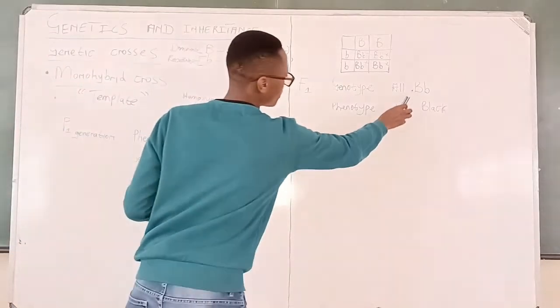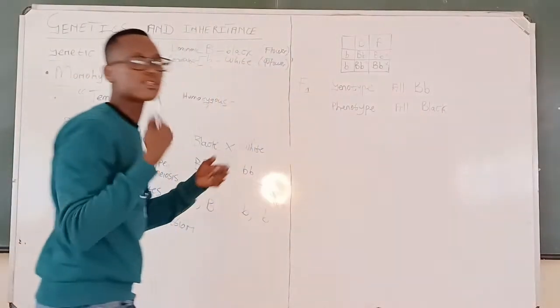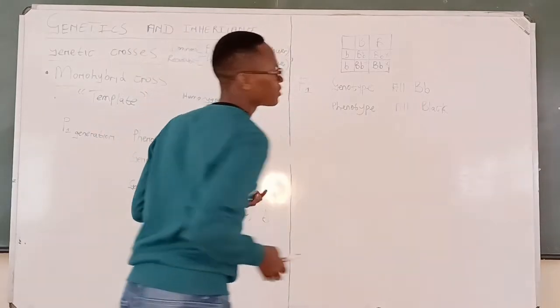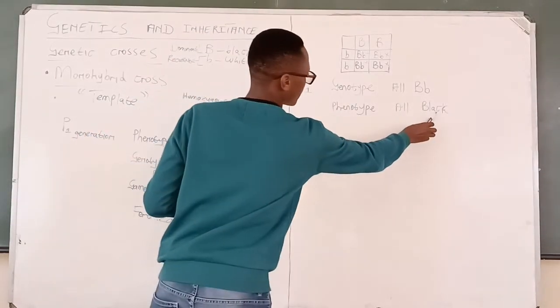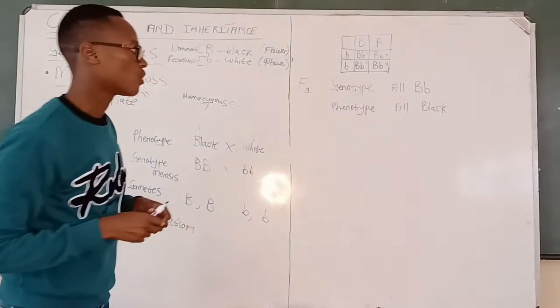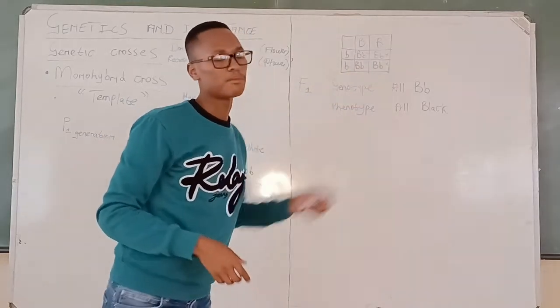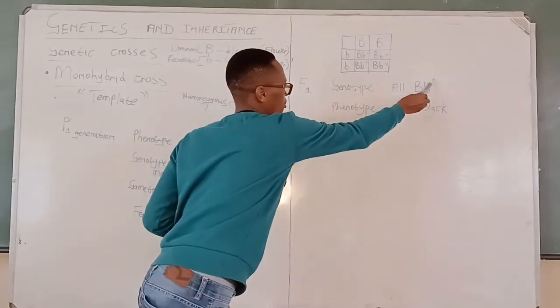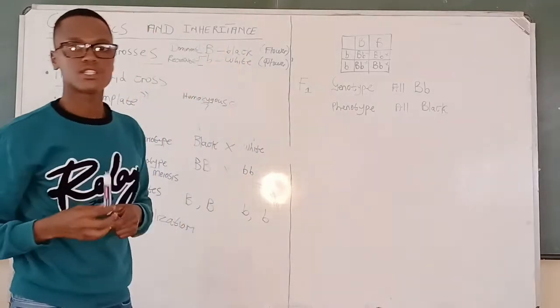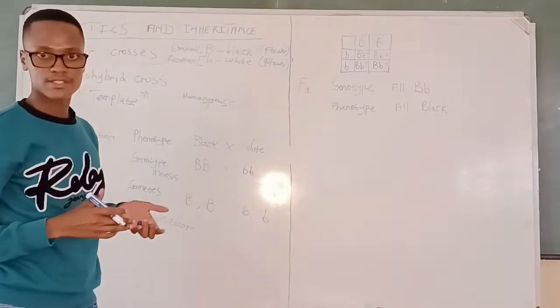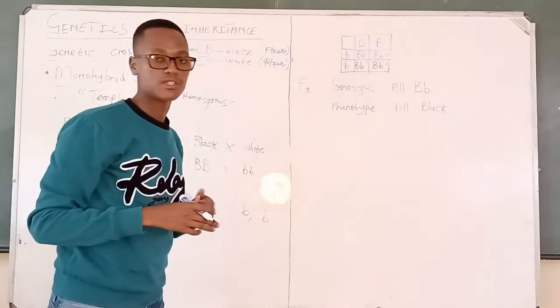So once this allele is dominant, it is going to influence the phenotype. It's going to show us what the phenotype is because it is dominant. That's why we are able to have black offsprings at the end. All of them are going to be black because all of them have capital letter B, small letter b. So it means that we have what you call a heterozygous condition because we have different alleles in our case. I hope you understand.